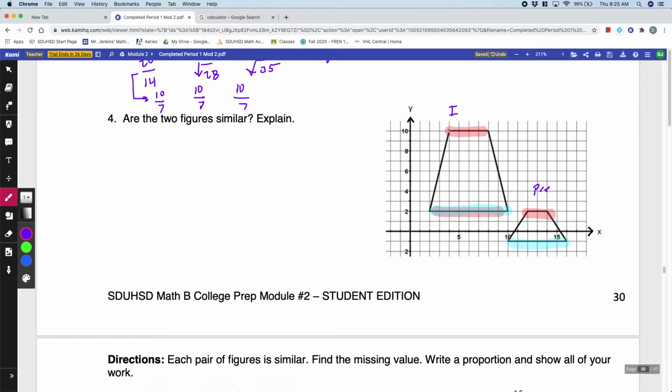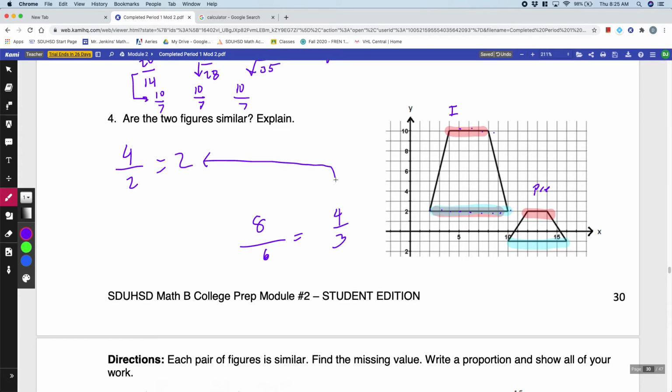When I do this, it's 1, 2, 3, 4. So I have 4 over 2. Okay, that reduces to 2. Now this ratio here needs to reduce to 2 as well. So this is 1, 2, 3, 4, 5, 6, 7, 8. And this needs to be 4, so we go 1, 2, 3, 4, 5, 6. When I reduce this, I'm going to get 4 over 3.